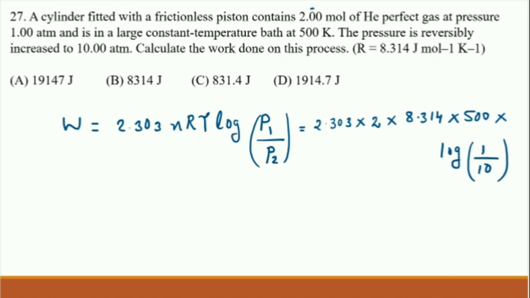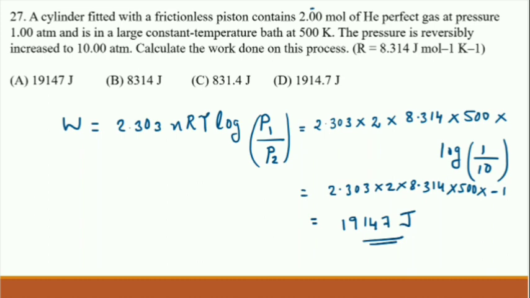So 2.303 into 2 into 8.314 into 500 into minus 1. The answer will be 19147 joule. So option A is the right answer.